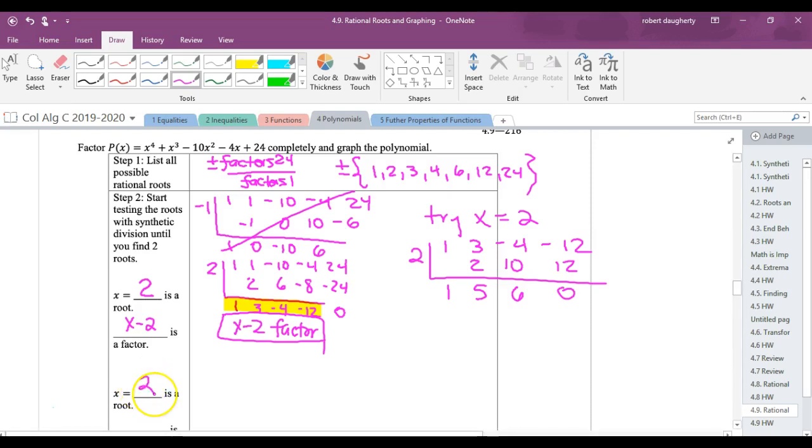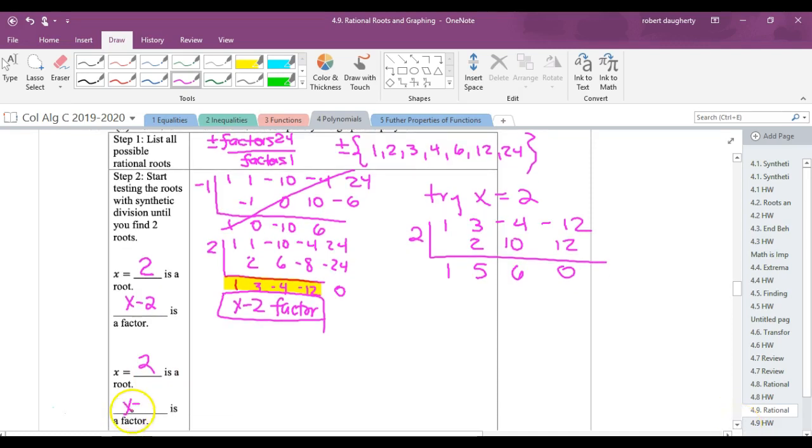This means that x equal 2 is a root again, which means x minus 2 is a factor. So I just found that x minus 2 is a factor how many times? Twice. That means this root has multiplicity of what?